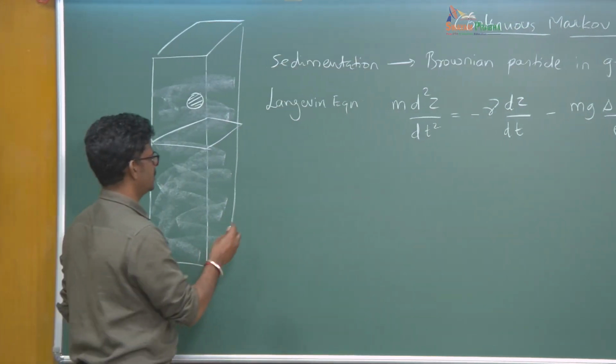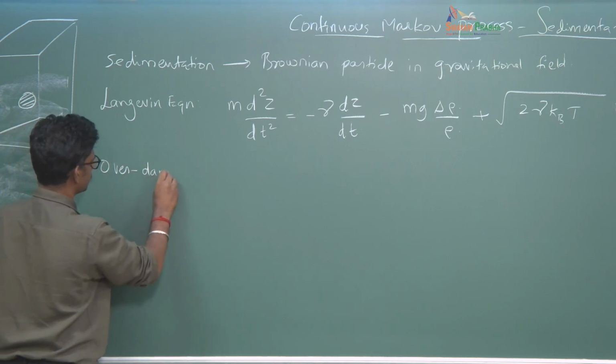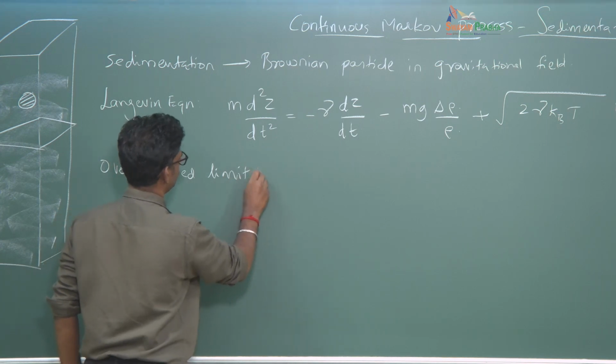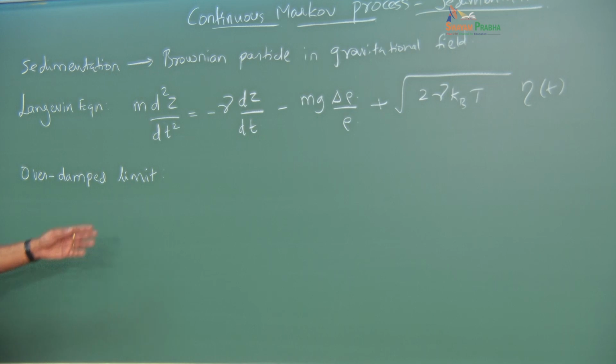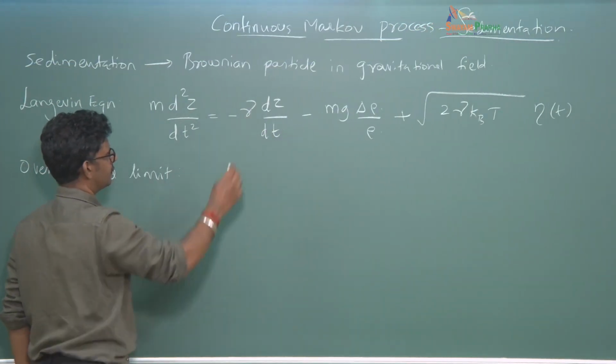So now we look at the overdamped limit, meaning we ignore all the inertial effects. So the sum of all these forces has to become 0.